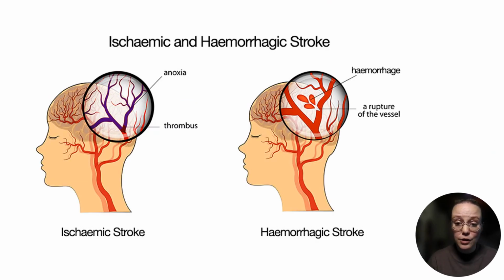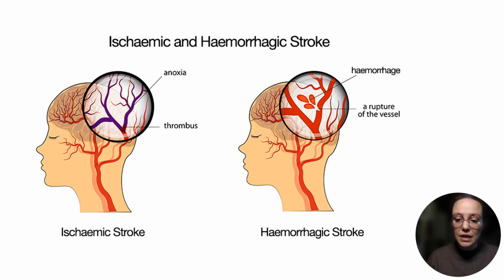This is a graphical illustration of an ischemic or a clot or a thrombus-based stroke on the left and a hemorrhagic on the right. Two causes can result in an ischemic stroke. Ischemic literally means a blockage occurring somewhere. So in the left image, you can see they have the word thrombus.